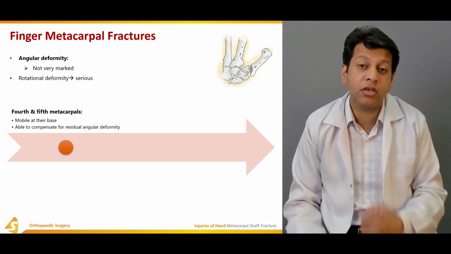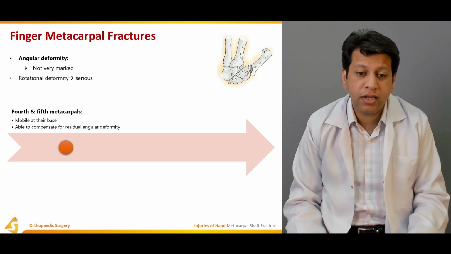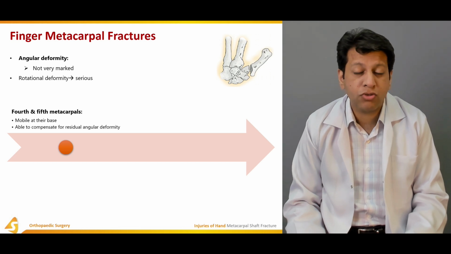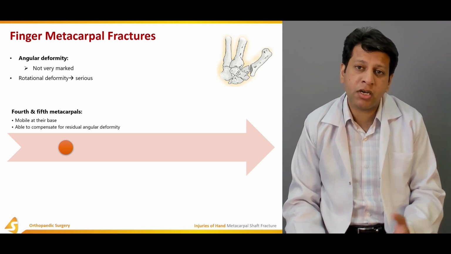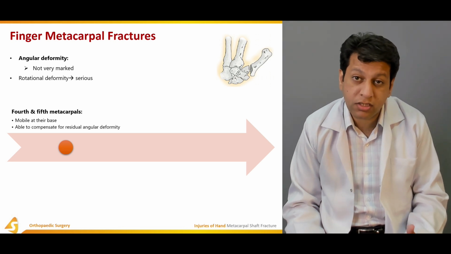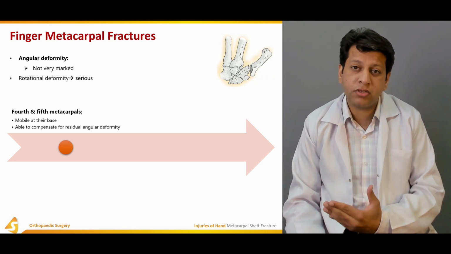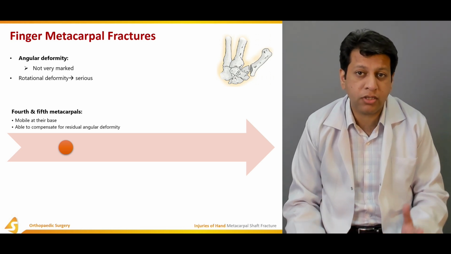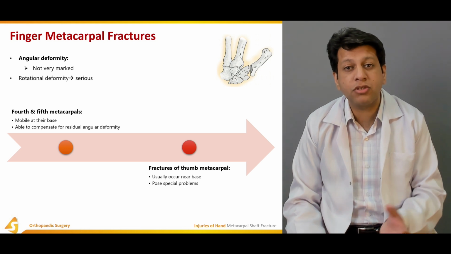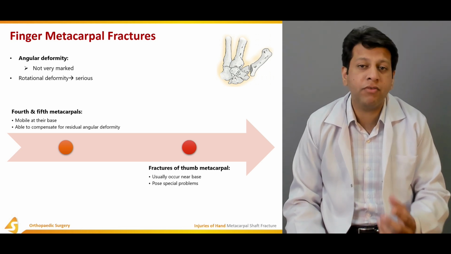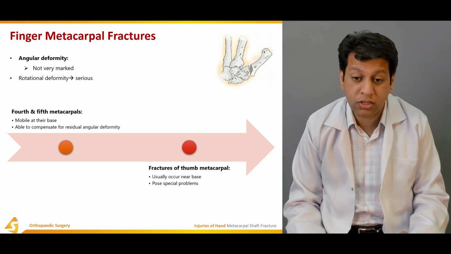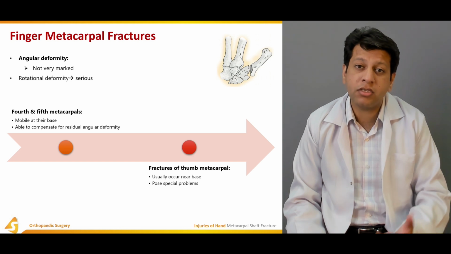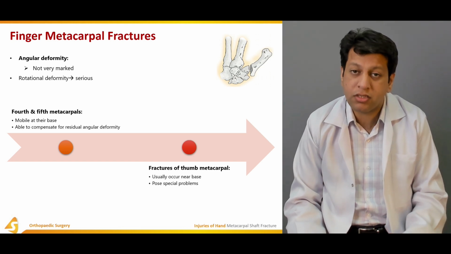Because they are more mobile at their bases, and the good part is they're able to compensate for residual angular deformity. So in the fourth and fifth metacarpals, up to 45 degrees of angular deformity is acceptable. But for the first or second, it's almost 15 to 30 degrees, not more than that. The reason is that the fourth and fifth are more mobile, while the first and second metacarpals are relatively more rigid. Fractures of the thumb metacarpal usually occur at the base, and we'll be discussing the details of Rolando and Bennett fractures in the third section.